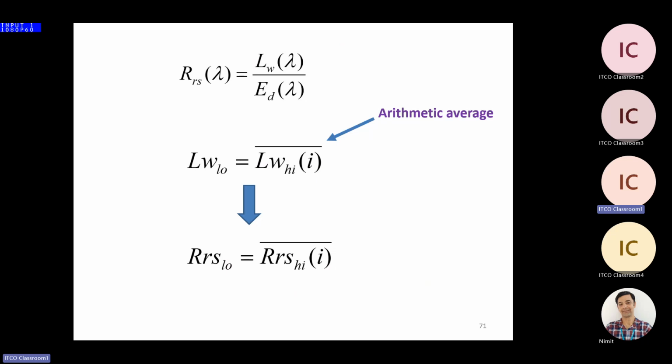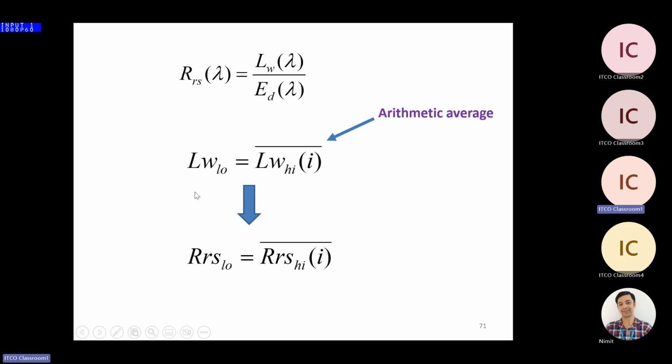It's a collection of the output photons of each fine subpixel or sub-area. So Lw, low resolution, is the arithmetic average of Lw of high resolution. Ed for this area is certainly the same, as long as it's not, say, 1,000 kilometers wide. So Ed will be the same.